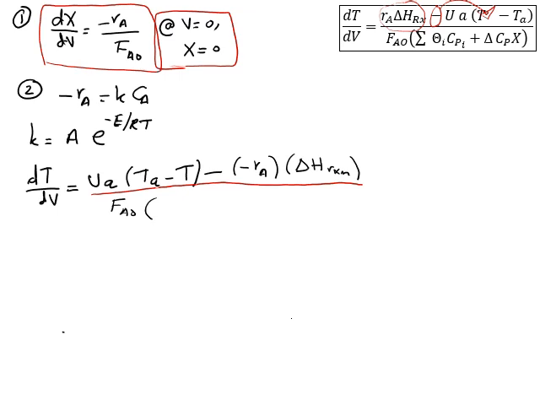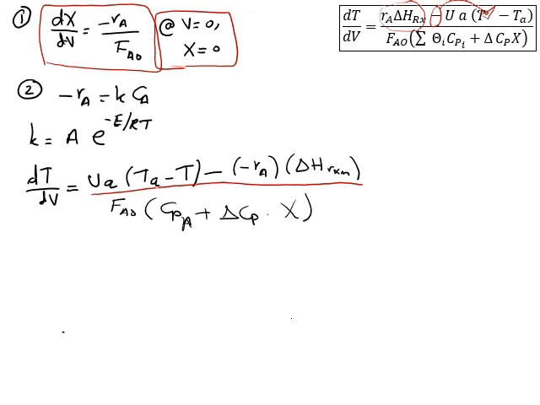So we'll have only Cpa plus delta Cp times X. So now we have an energy balance. We have an equation for T.